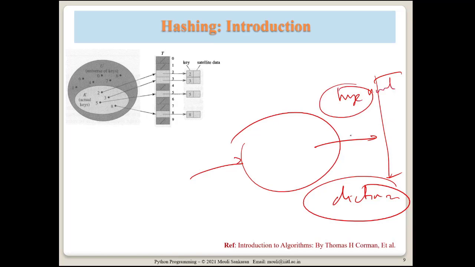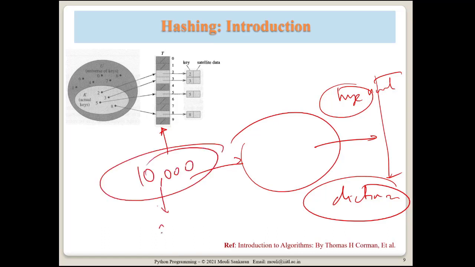So when you want to index them, suppose you know that there are 10,000 elements which are expected to be in a set. A set or a dictionary is used for a huge number of items, but it is implicit that not all the elements will be there at a particular time, as you may keep adding and deleting.